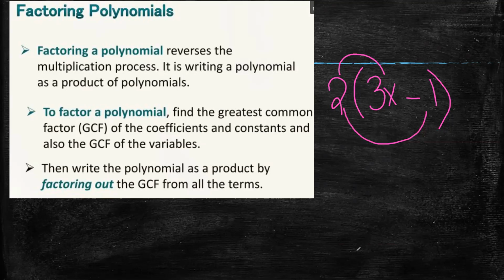Is it right? We just multiply 2 by each term, by each monomial. Yes. So now we said it is 6x minus 2.